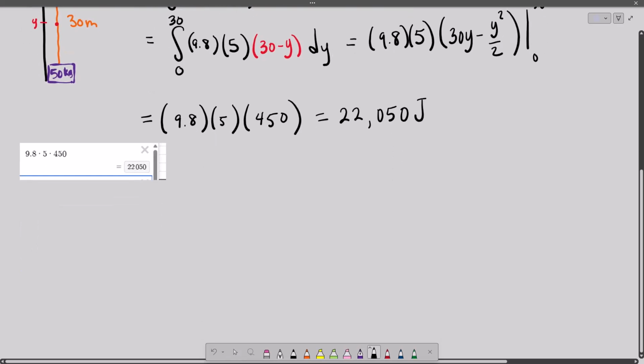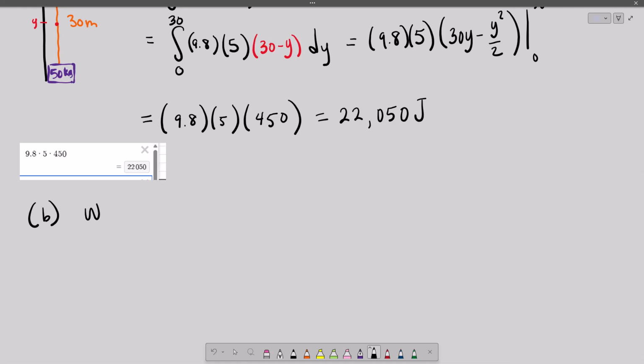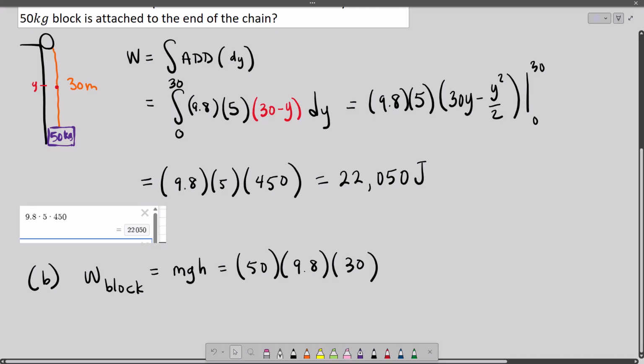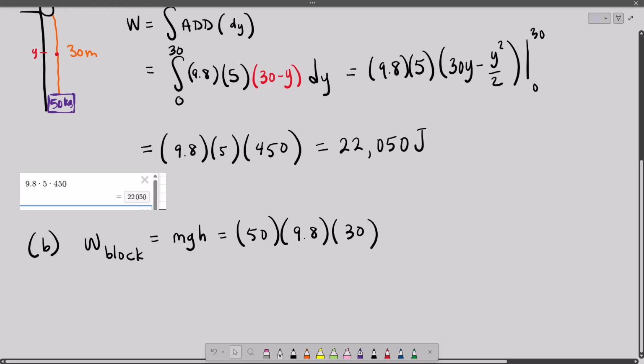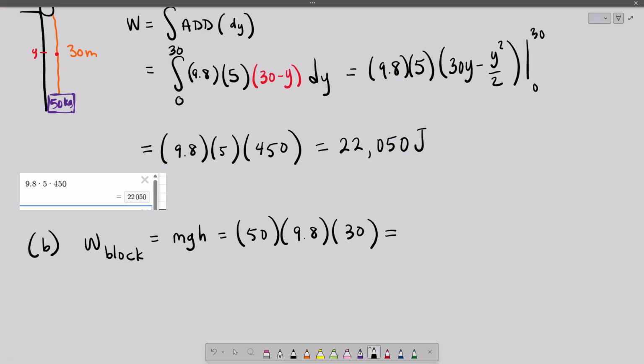So this part, B, work for just the block will be mgh, or mg times distance. The mass is 50 kg, gravity is 9.8, and the distance it travels is 30. So that 50 kg block is just going to be pulled up 30 meters. This will be the work just for the block, and then the total work would be the sum of the two.